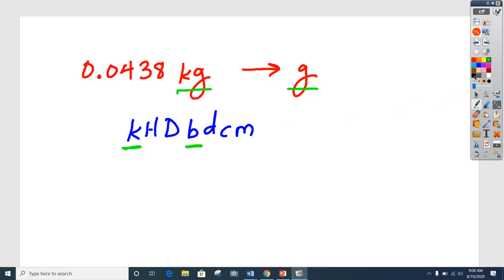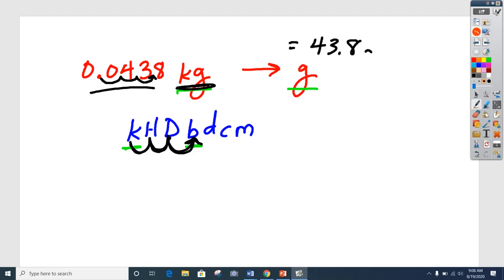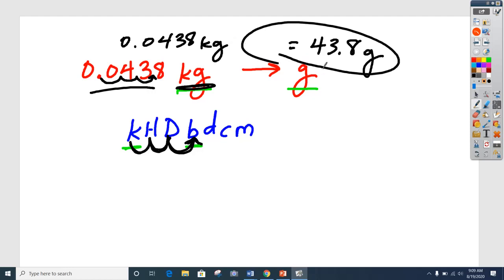I'm going to start on the unit given with the number, kilo, and move my finger or pencil to the unit I'm asked for. I moved 1, 2, 3 places to the right. So up here, I'm going to move my decimal 1, 2, 3 places to the right. This is going to be equal to 43.8 grams. So 0.0438 kilograms is the same as 43.8 grams.